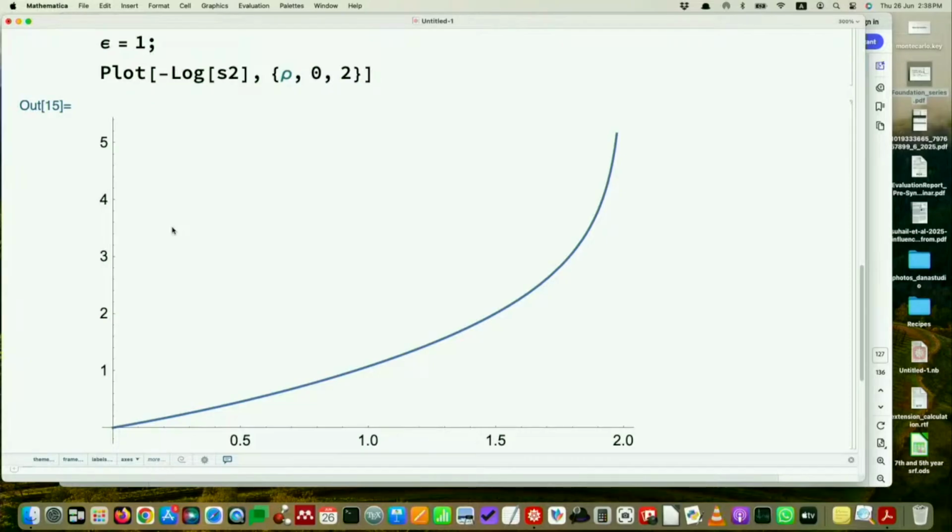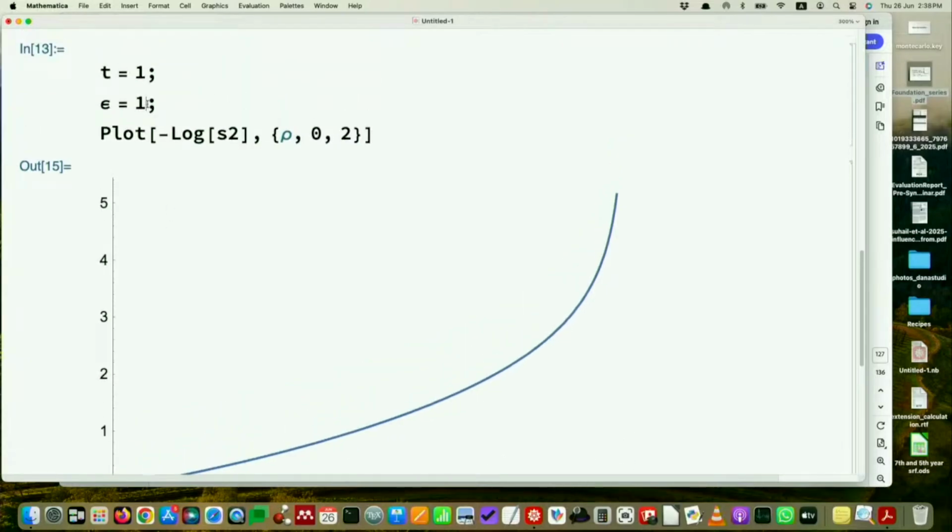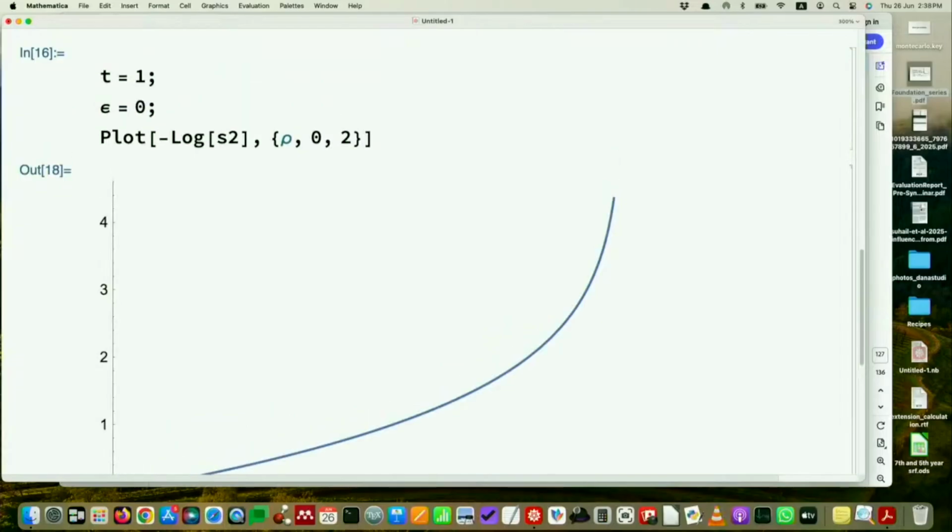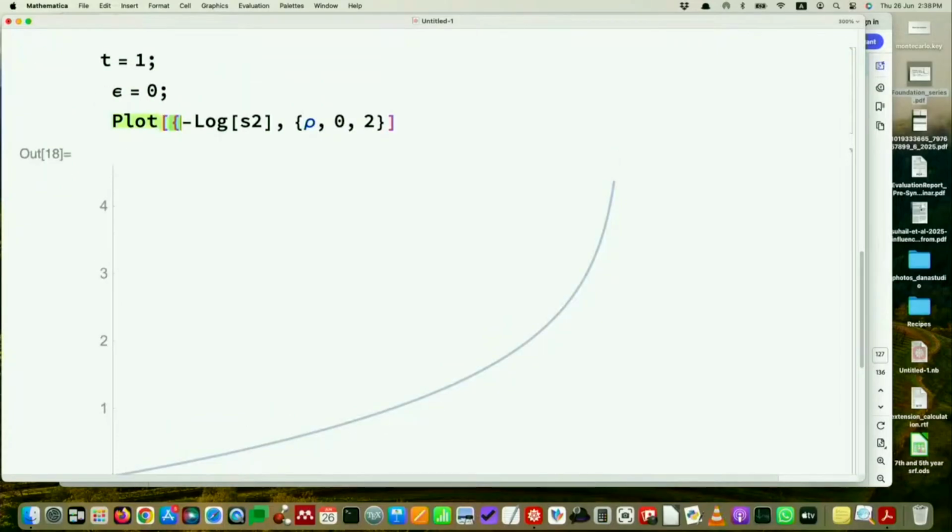So let us plot when epsilon equal to 0, pressure as a function of this one. And along with that, let us plot minus log 1 minus rho, minus log S2 and log 1 plus rho.